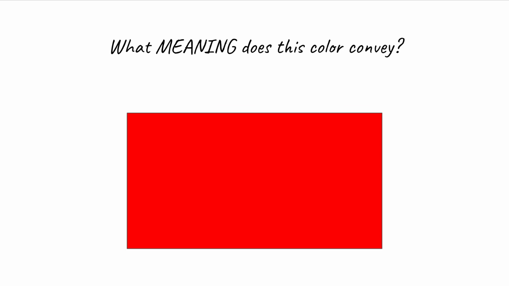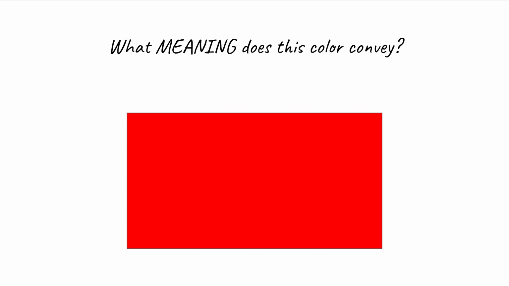So colors, they have meaning. So in your head, what is the meaning of this color? What kind of meaning? So an example, red can mean love. It could mean energy, passion, anger, hunger, immediacy, right now.